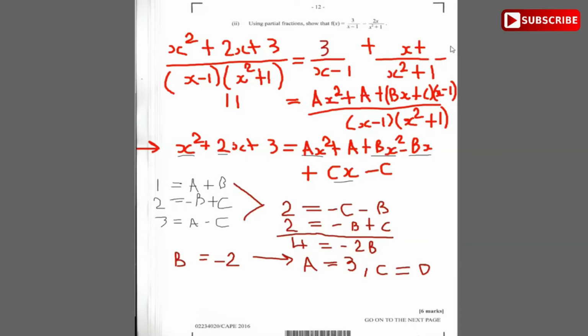Now if B is minus 2, instead of putting plus minus 2x in the numerator, a plus and a minus just give you a minus anyway. So we can just replace this plus right here with a minus. And then we can just ignore the plus 0. The plus 0 doesn't change anything. So that's what we do to show that. All right, so that's done. So write shown, or you can write proven. That takes care of that.